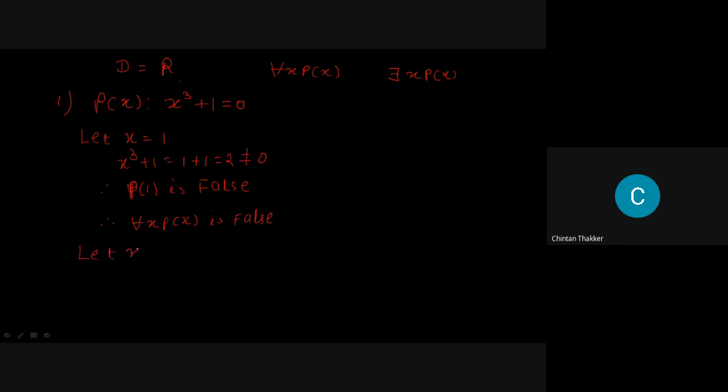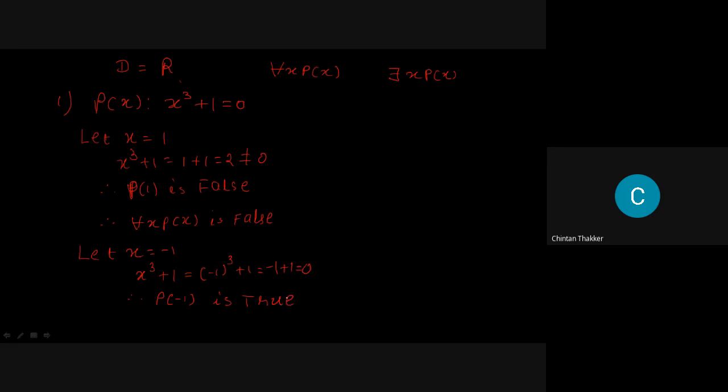Then you have to write let x equal to minus 1. So x cube plus 1 is equal to minus 1 cube plus 1, that is minus 1 plus 1 equal to 0. So therefore p of minus 1 is true.